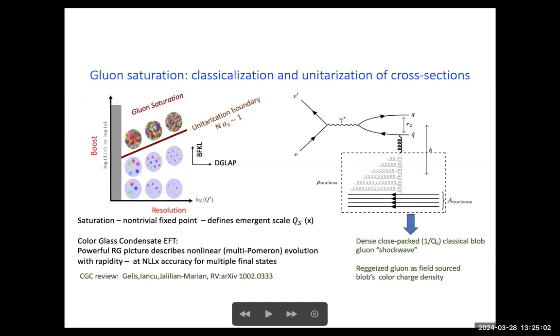If you think about some probe that's scattering off the hadron or some other final states, you can have all possible scattering and recombination diagrams included, with the prejudice that what you're starting from is a highly occupied semi-classical state. This is a state of very high occupancy described by an emergent scale. And so you can actually calculate all n-body correlators.